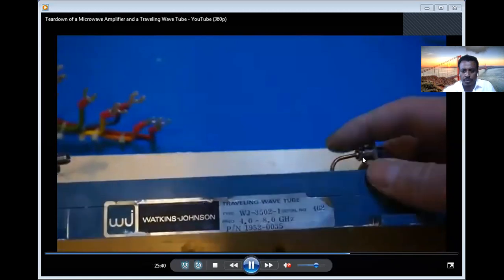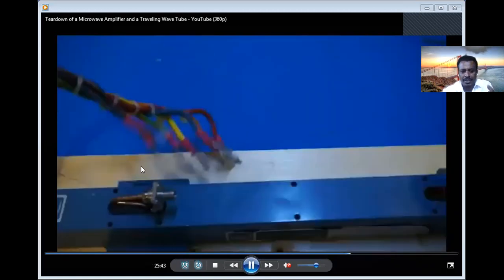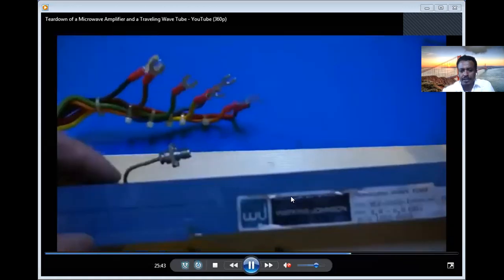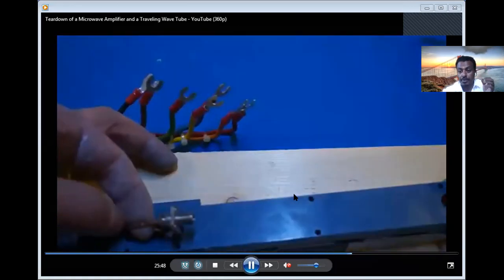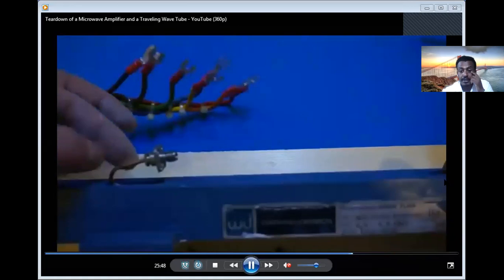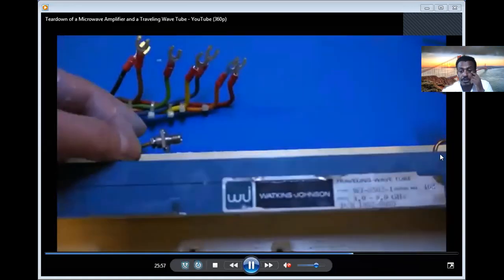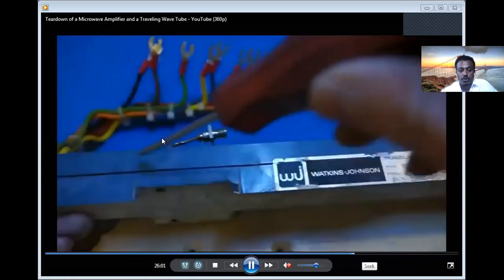This one is for we take output. Here we give very weak input signal, RF signal. It's amplified inside this tube, very high amplifier, and you will get the output in the second port here, which is the output port. So you see two ports.